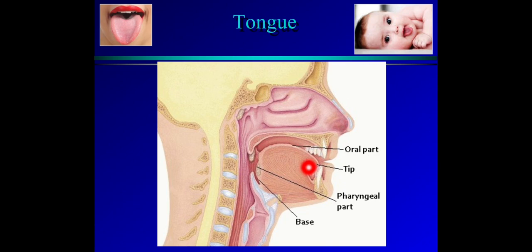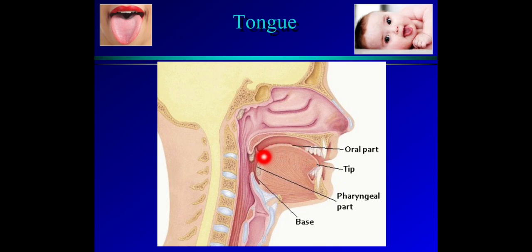This tongue has the tip. Here this is the base of the tongue. Here this is the dorsal surface of the tongue, and here this is the ventral surface. The tongue lies in the oral cavity, so it is lined by stratified squamous non-keratinized epithelium. The ventral surface of the tongue is very smooth, but the dorsal surface shows a number of papillae, so it is rough in nature.